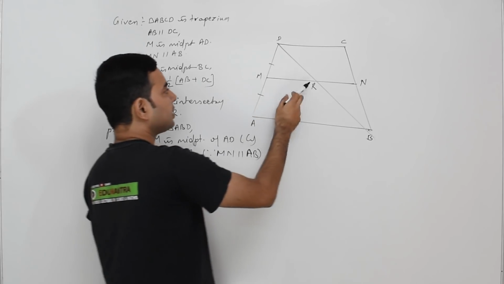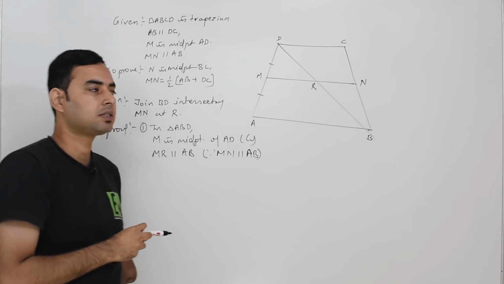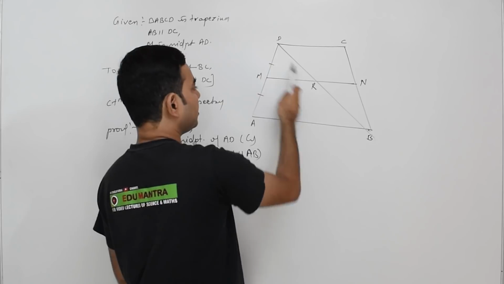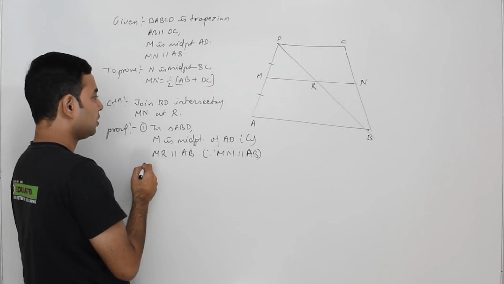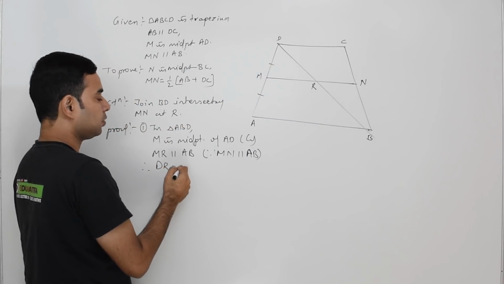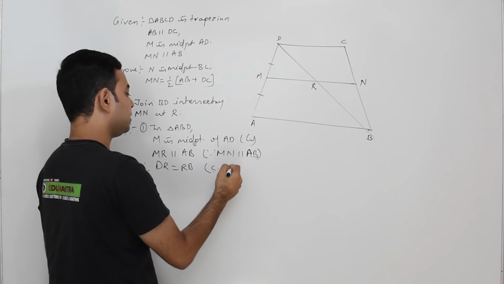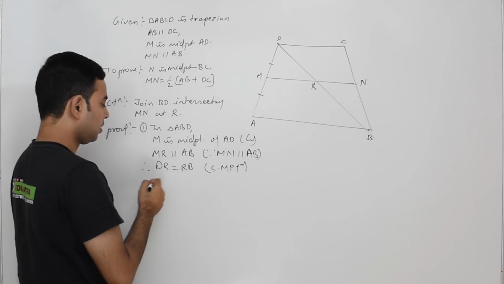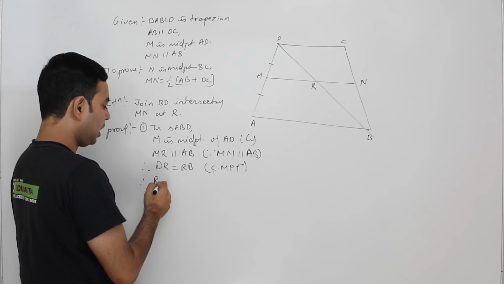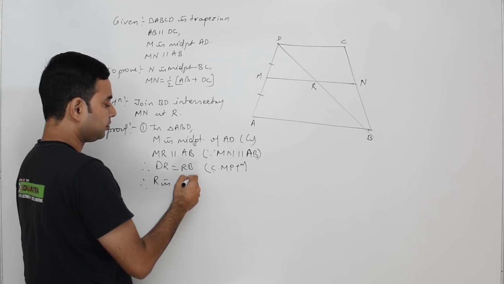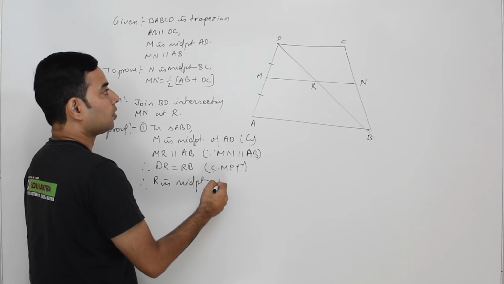So this is a line segment starting from the midpoint of one side, parallel to another side, then it bisects the third side. It means that DR is equal to RB by converse of midpoint theorem. Therefore, R is the midpoint of BD.